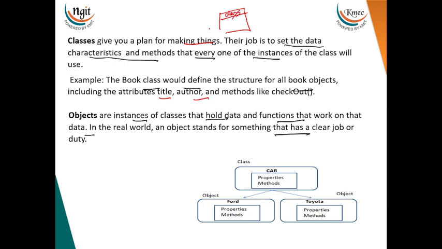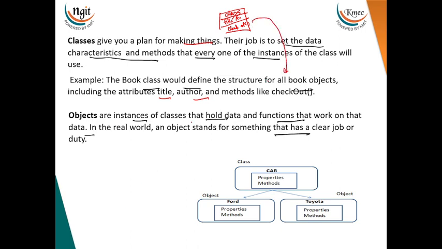I have already discussed this representation in my previous class. The attributes are title as well as author, and the operation is checkout with brackets. This is nothing but your class operation.